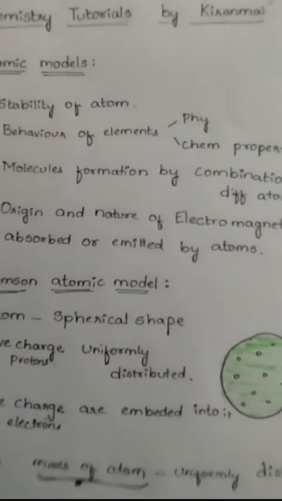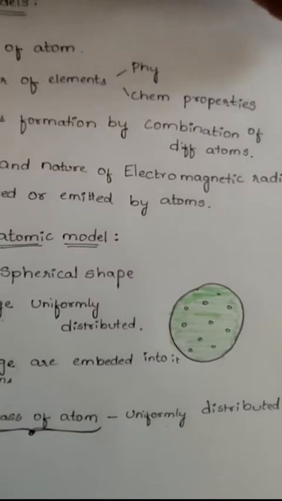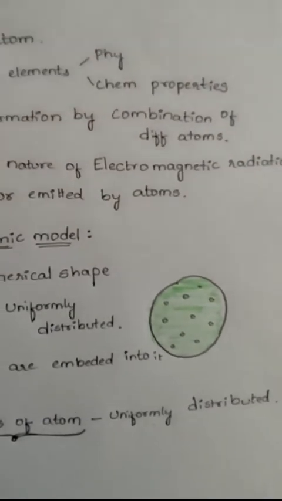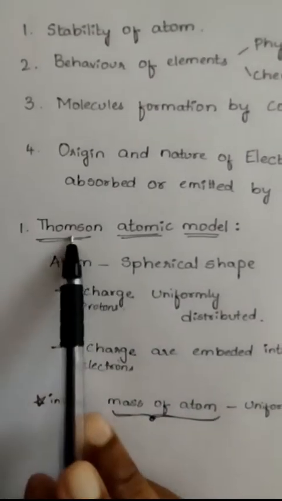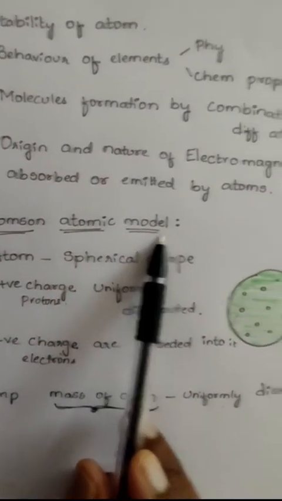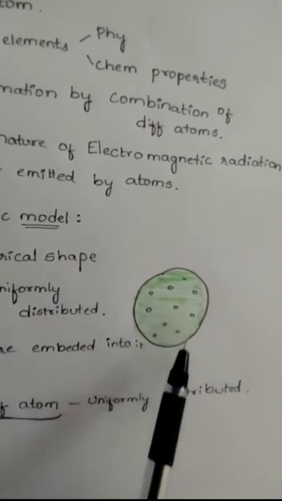So according to this model, the mass of the atom, that is protons and neutrons, are uniformly distributed throughout the atom. So the Thomson atomic model explains the overall neutrality of the atom.